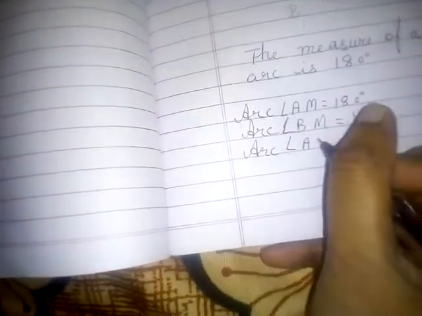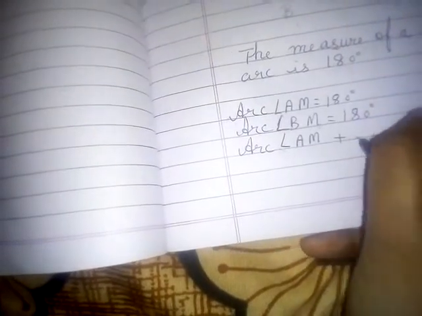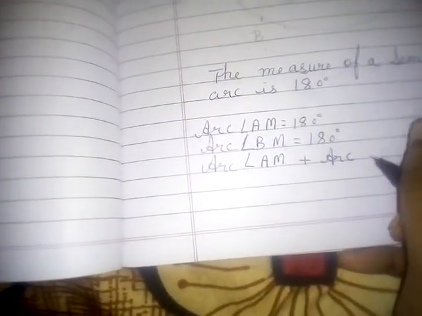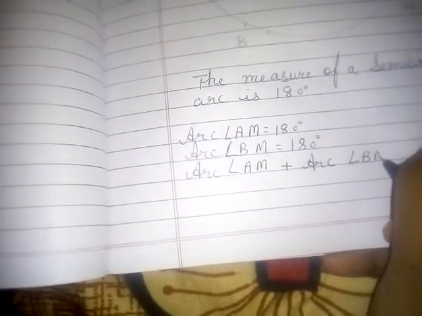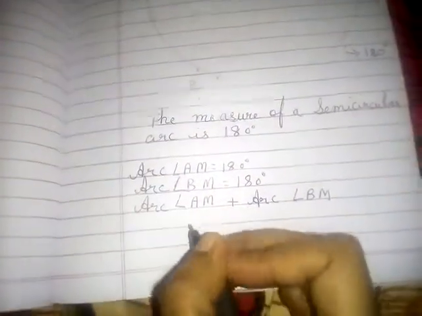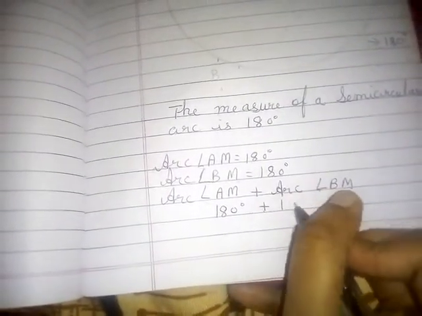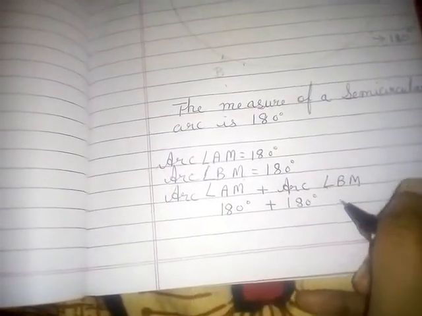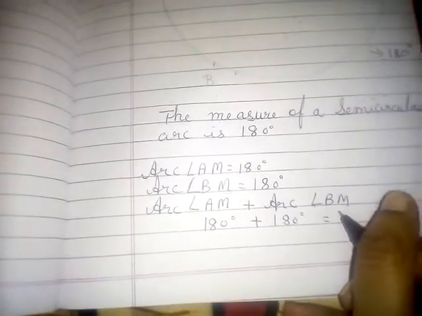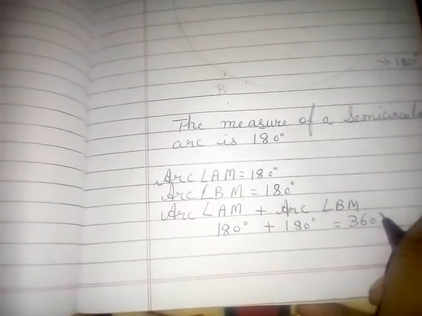Okay. Now I will add this. Arc LAM plus arc LBM. Okay. That is 180 degree plus 180 degree. Answer is 360 degree.